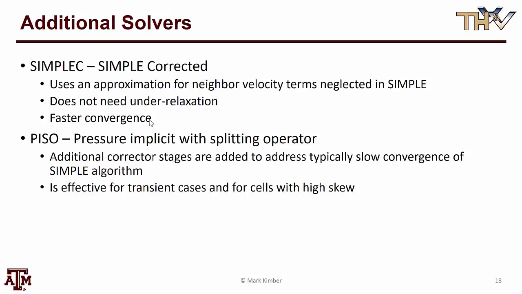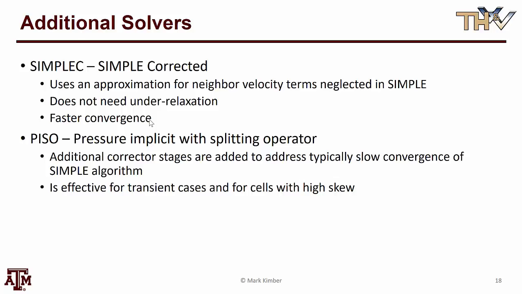A couple additional solvers that you want to be familiar with. One is called SIMPLEC. There's also SIMPLER, but it's not quite as popular these days. SIMPLEC, or SIMPLE-Corrected, uses an approximation for the neighbor velocity terms.